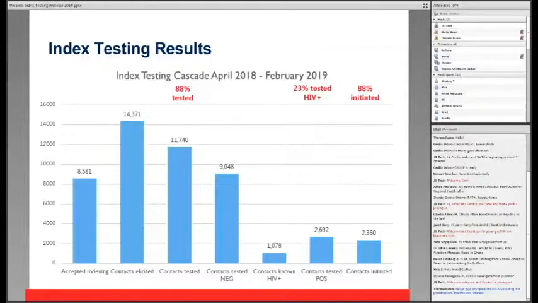So out of 14,300, we were able to reach 11,700 contacts that accepted to be tested.